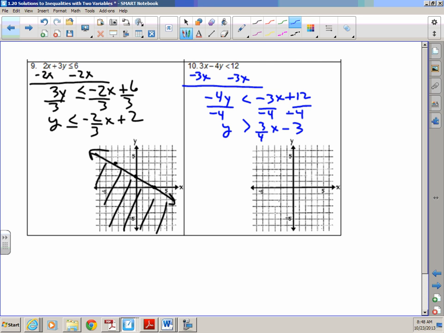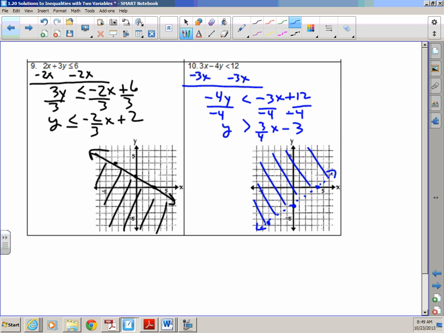In addition, double negative, one in the numerator, one in the denominator, makes it a positive. There's my intercept, up 3, right 4, down 3, left 4. It's a dotted line, and I'm going to shade above.